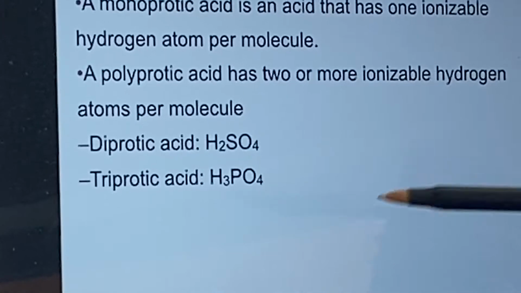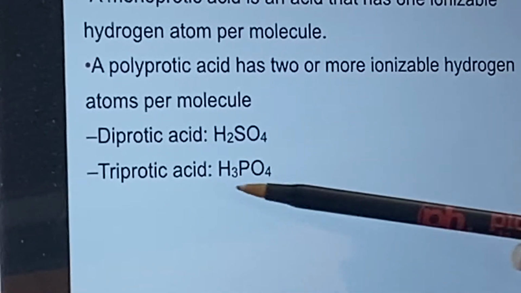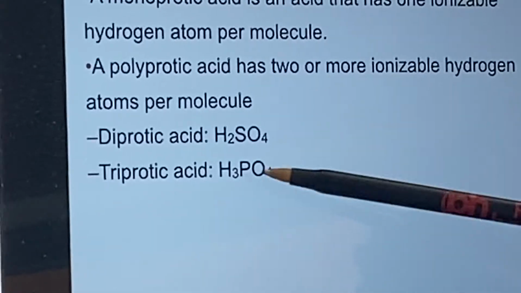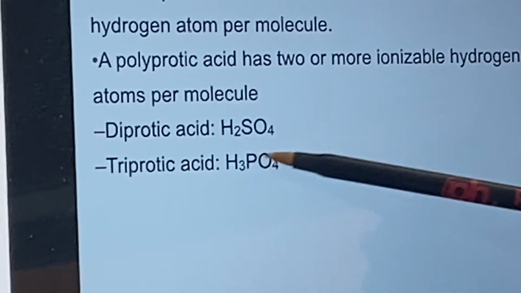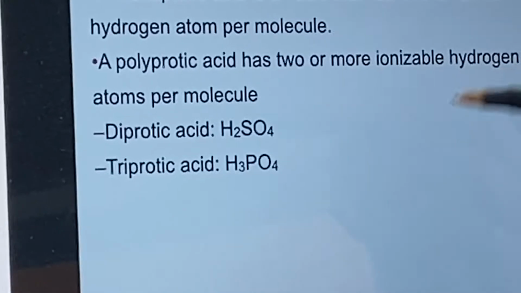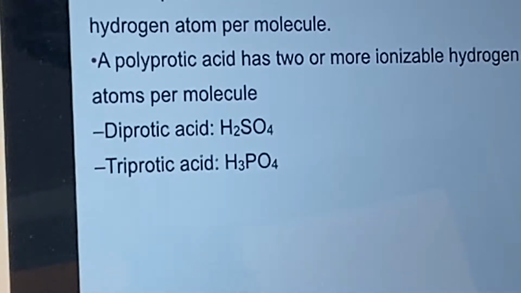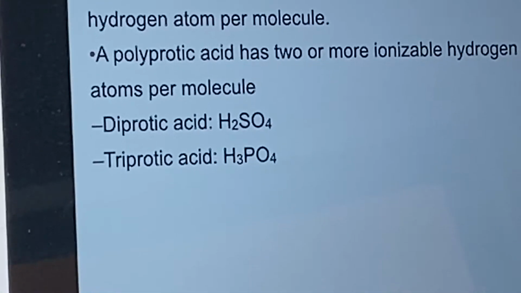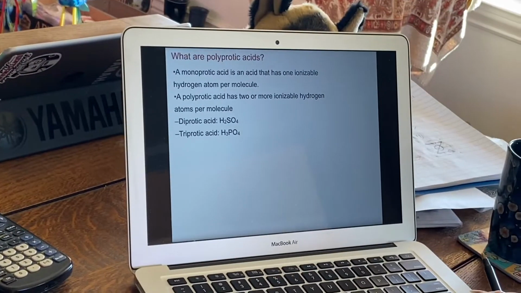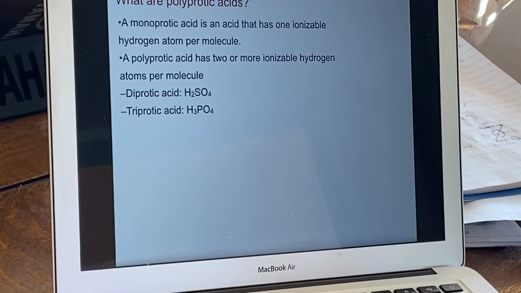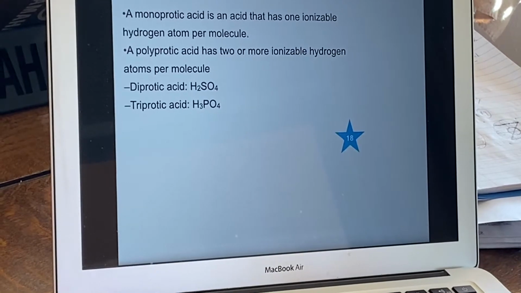But as far as physical chemistry is concerned, triprotic is as high as we get. Here are 3 in phosphoric acid that could possibly come off and exist in the equilibrium. So you know, polyprotic, monoprotic, diprotic, triprotic.